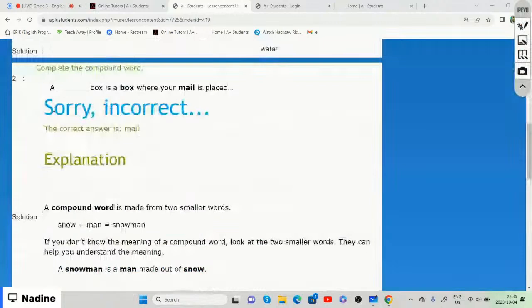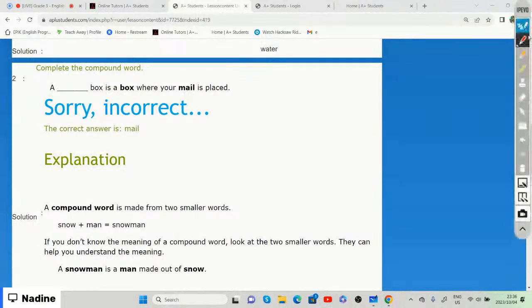All right. A what box is a box where your mail is placed. So where do they put the mail in? So when the postman comes to deliver the mail, where does he put your mail in? Where does he place the mail?